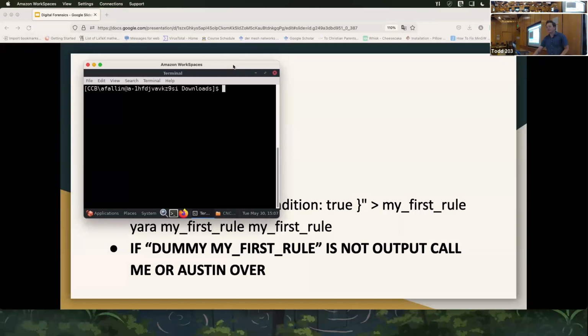For those of you potentially having trouble with testing the Yara rule, we're first going to run the echo rule dummy, condition true, greater than sign, my first rule.